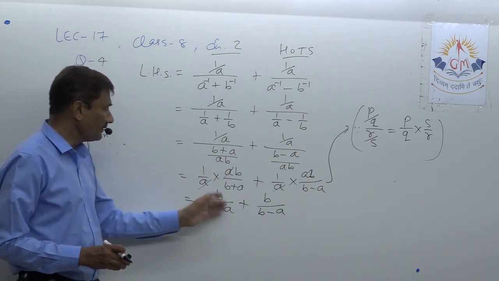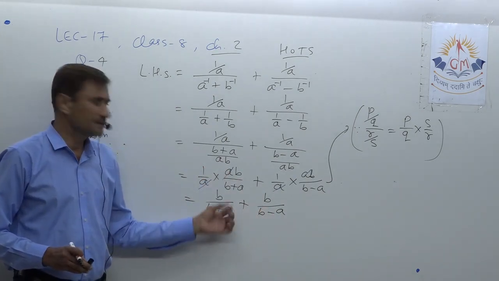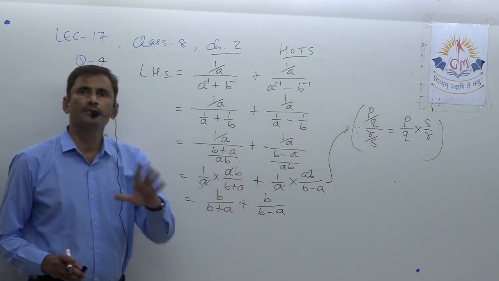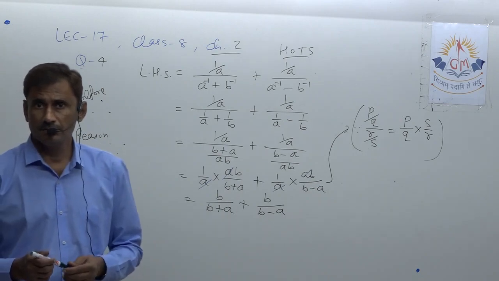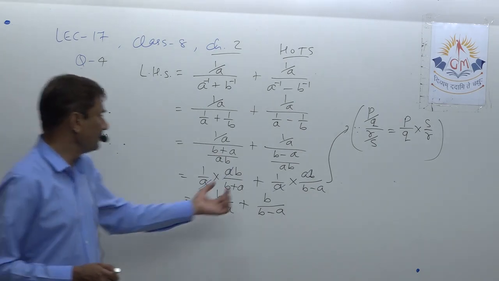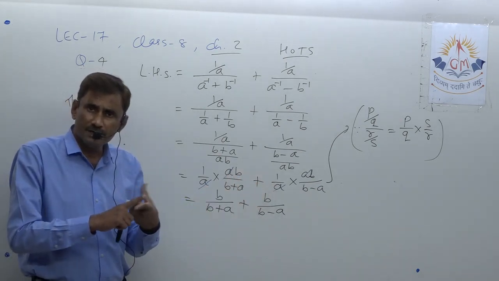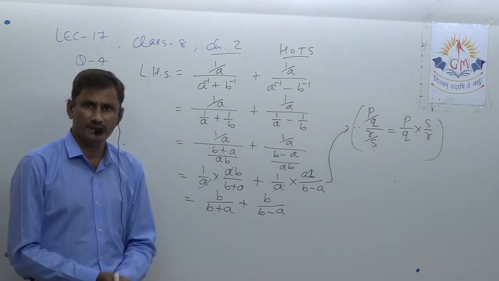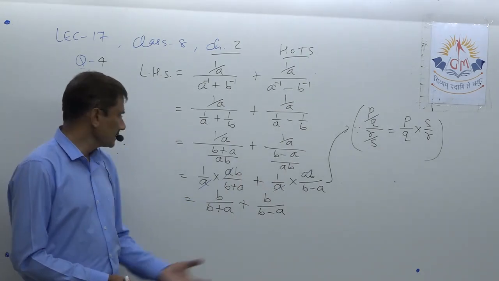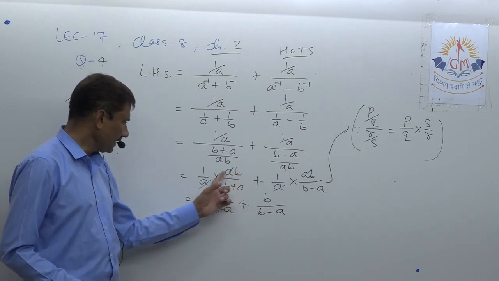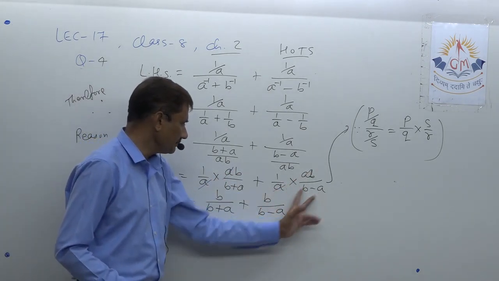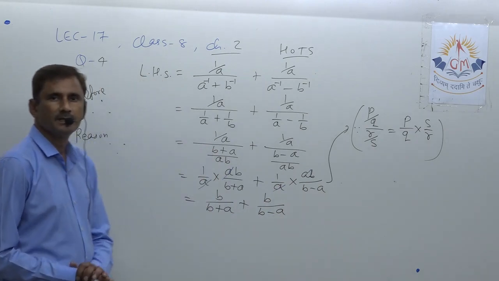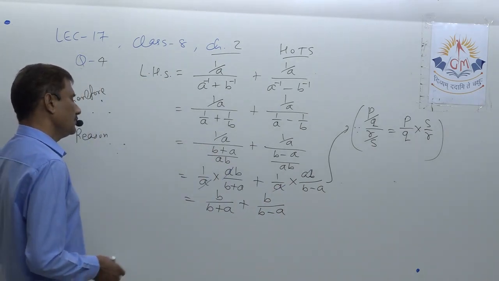In this step I have done nothing, just written whatever is left. So this is a must. Why? Because sometimes it is not clear what is being cancelled out and what is retained. So now it is clear that A is gone, B and B plus A are left here, here B is left and B minus A is left.